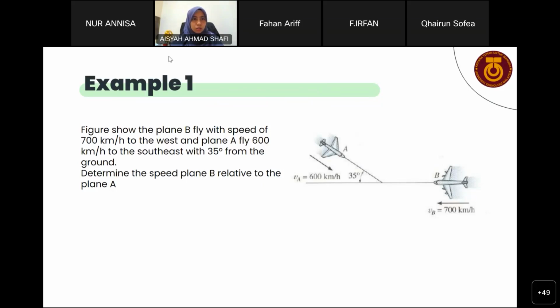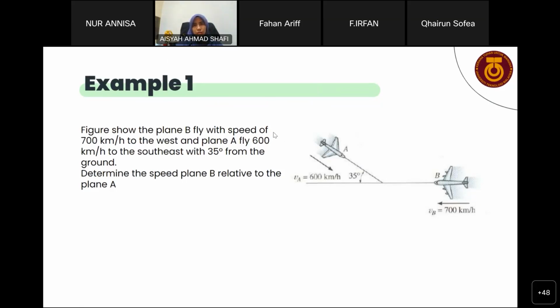When you see it is in kilometer per hour, it is okay. You can solve with kilometer per hour, or you can solve by meter per second if the question does not ask you to change it. But if the question asks you to change it, you need to change it.